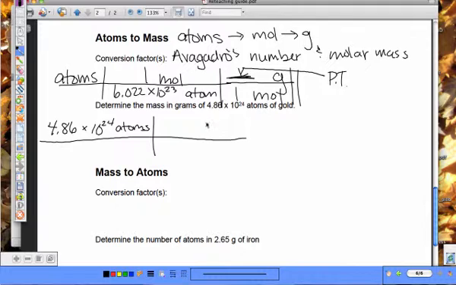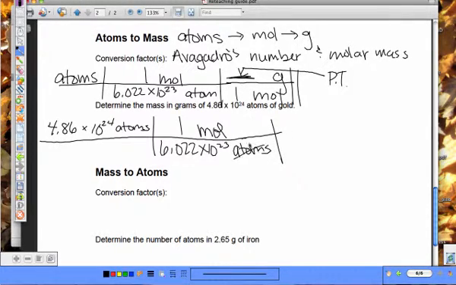So if we have 4.86 times 10 to the 24th atoms, atoms go on the bottom. So 6.022 times 10 to the 23rd atoms, and that's how many atoms are in 1 mole.